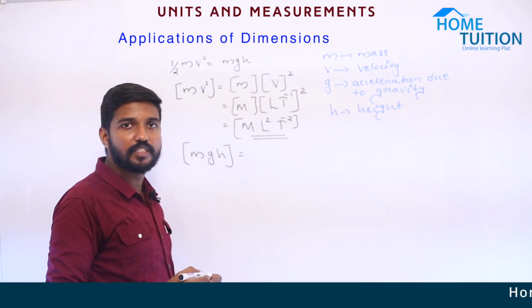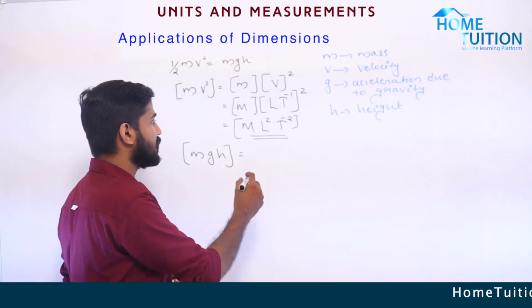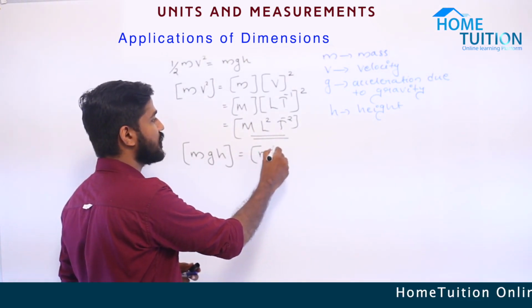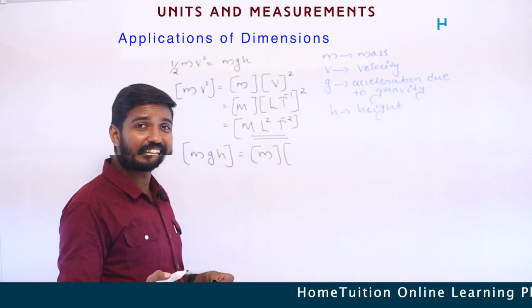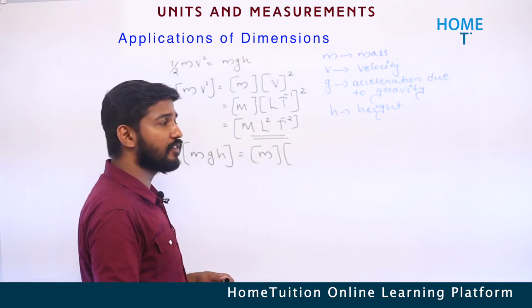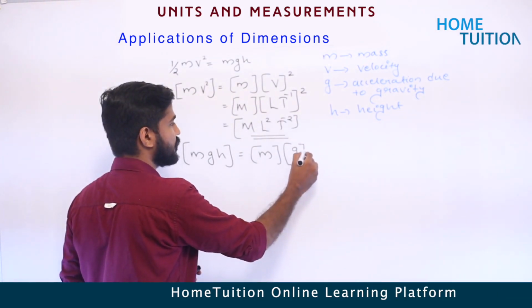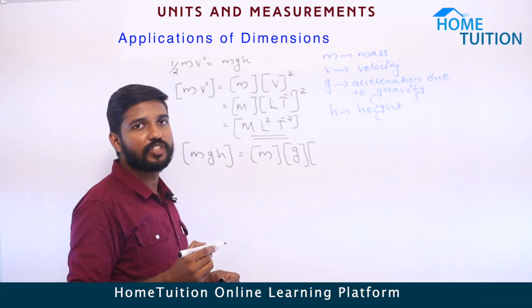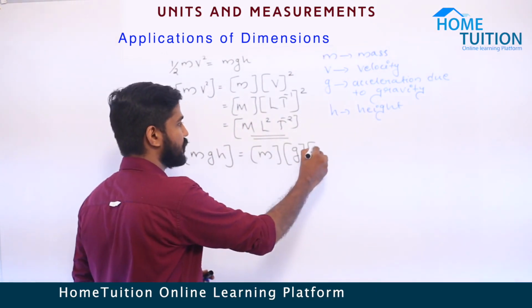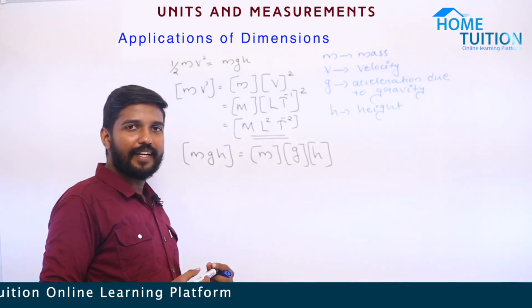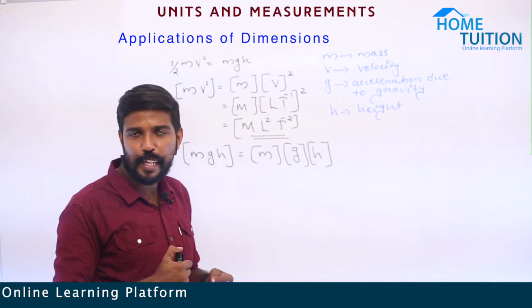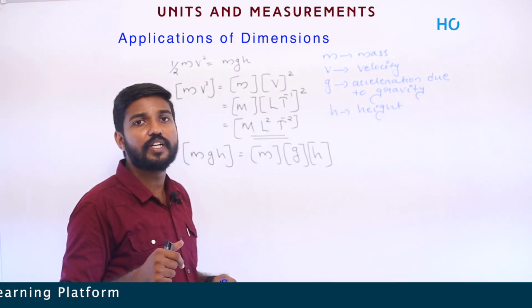What is m? M is mass. And g is acceleration due to gravity, and h is the height. So the dimension of mass into the dimension of acceleration due to gravity into the dimension of height.